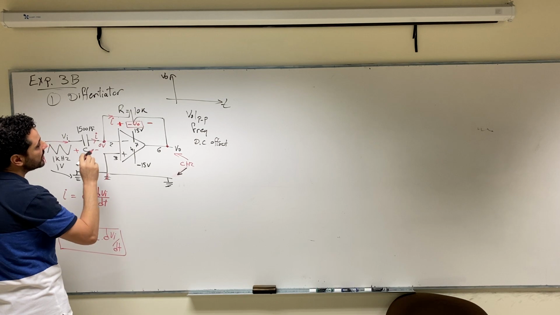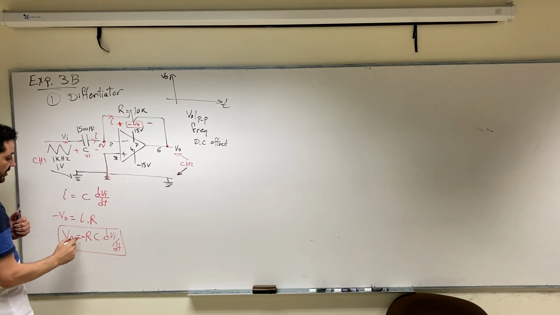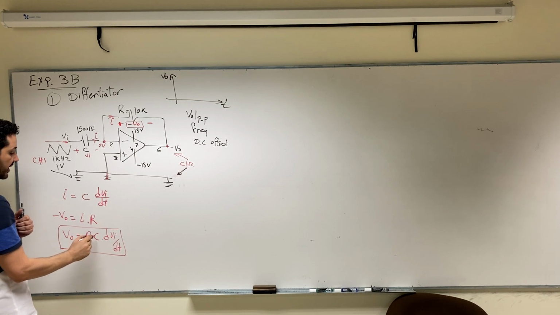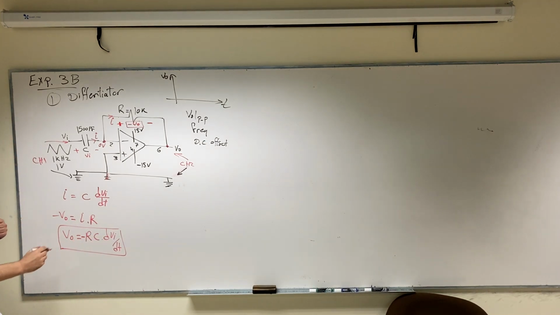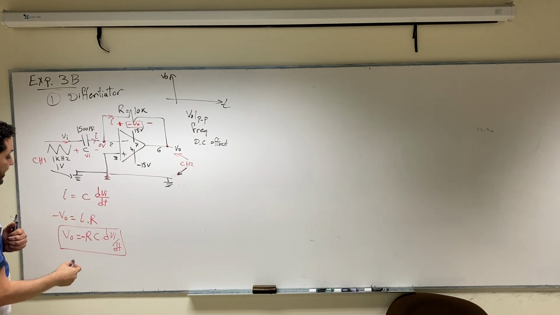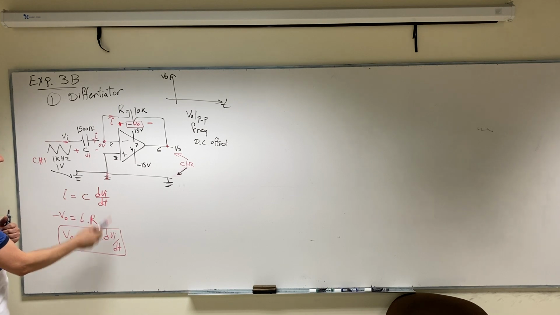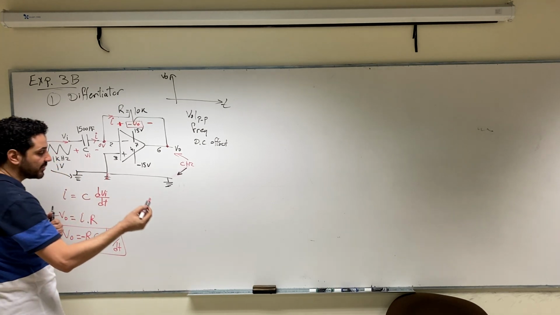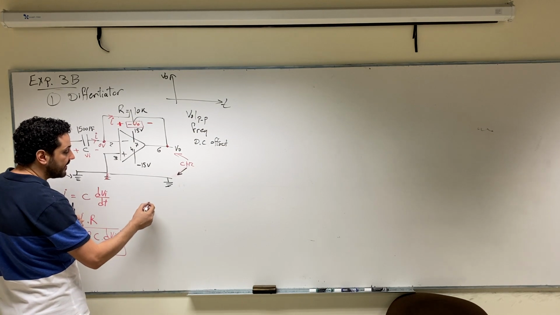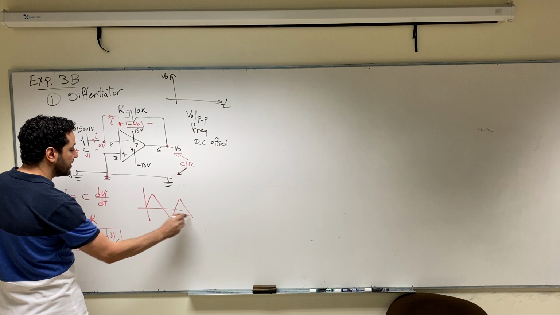So negative V output equals IR, which means that V output equals negative IR, and I is C dV by dt. So this is the explanation of how the circuit works as a differentiator. Okay, the output will be the derivative of the input signal. So if you have a triangular wave at the input, what do you expect to have at the output? Think about it. If you have a triangular wave, this is the input signal.